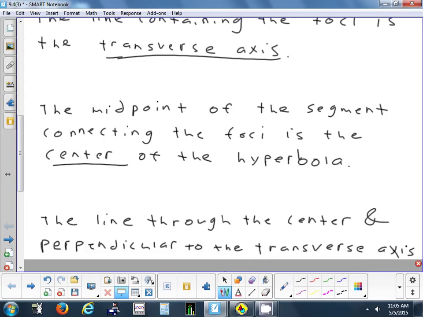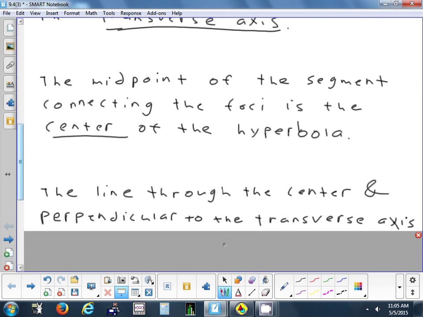We also have another axis in a hyperbola. And this axis is if you draw a line through the center and make it perpendicular to the transverse axis. What was this called for an ellipse? If you draw a line through the center perpendicular to the major axis, that was the minor axis.